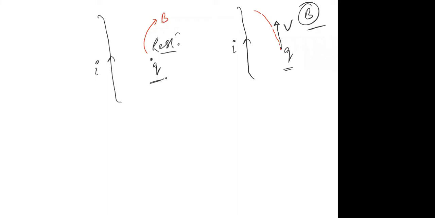This means that unlike the electric field, in a magnetic field, the charge experiences force only when it is in motion. Did you understand? A moving charge experiences force in a magnetic field, but a stationary charge doesn't experience magnetic force, right? But in the case of an electric field, the charge experiences force either at rest or in motion.